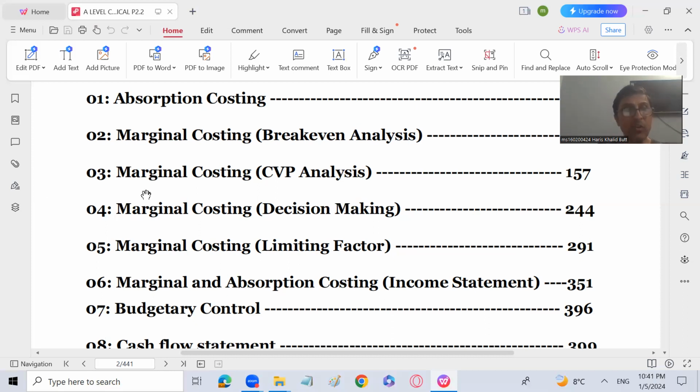Now, this marginal costing topic, in different schools and academies, teachers used to cover it in 1 week, 5 days, 3 days. This topic needs at least more than 1 month, because it has detailed discussion regarding each particular area of that chapter. Break even, it has certain past papers that need to be covered, CVP, decision making, limiting factor.